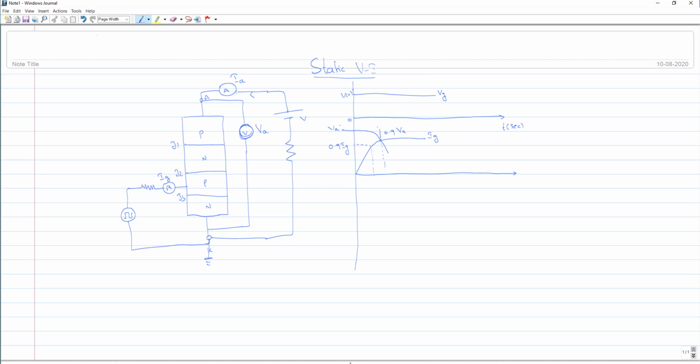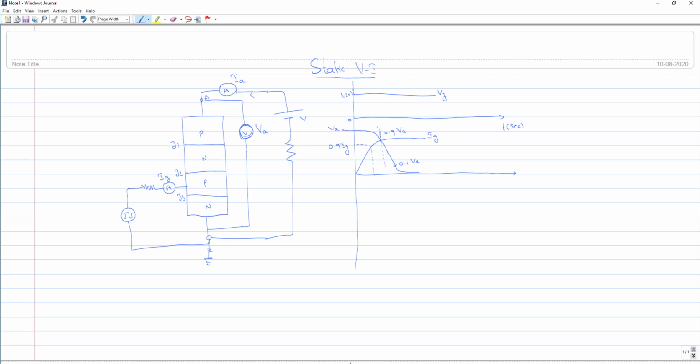Now slowly the anode voltage is trying to decrease, and then it will come to almost 0, but there is a small drop. So we will consider the point that is at 0.1 times VA, something like this.